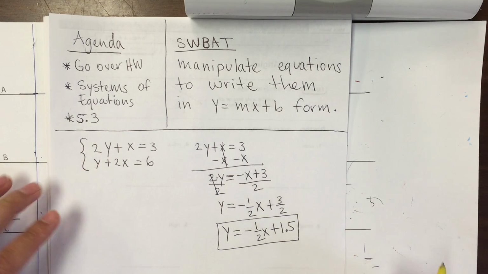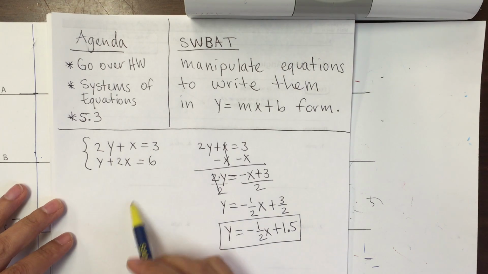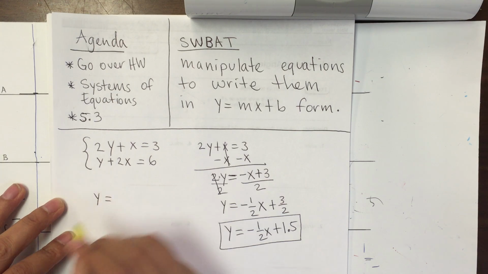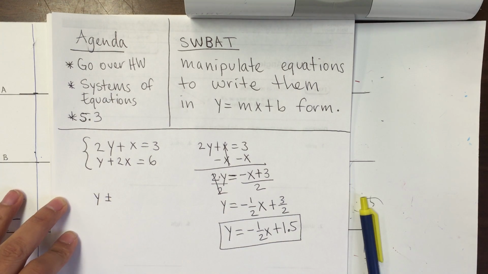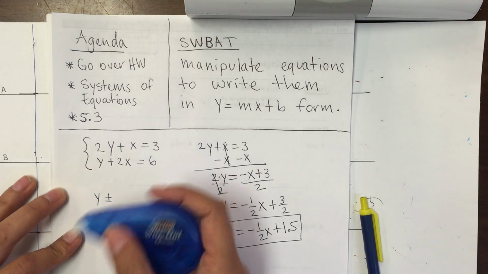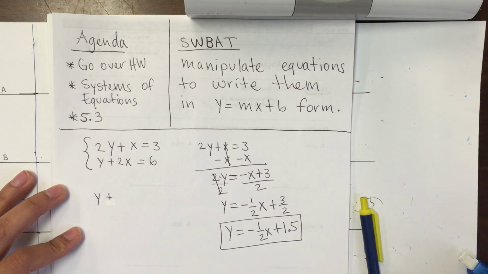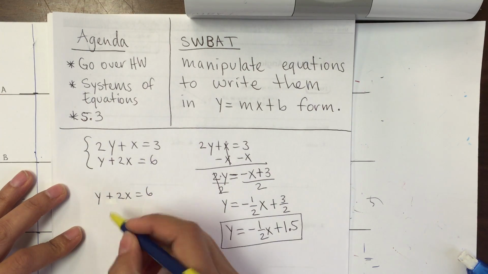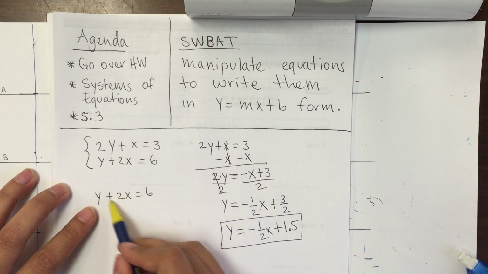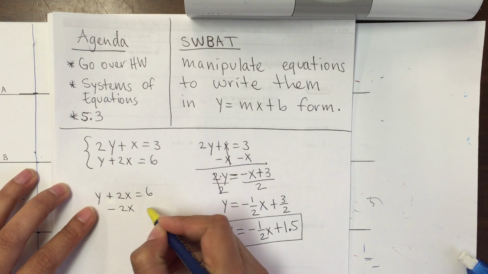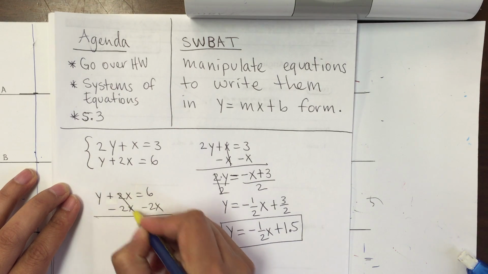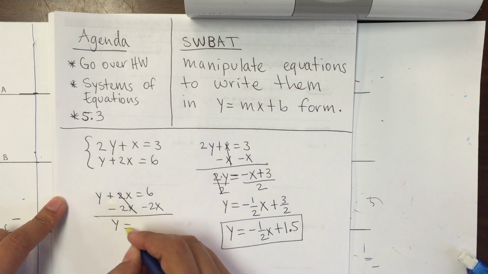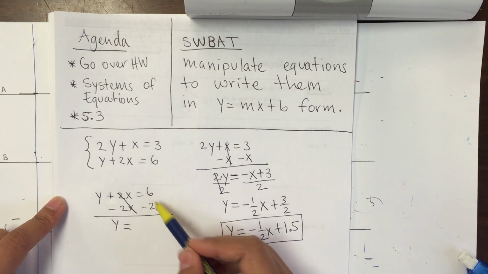Now let's do the second equation. y plus 2x is equal to 6. To leave y by itself, I'm going to get rid of this term, so subtract 2x, which cancels. And so y is going to be equal to, can we combine these terms?